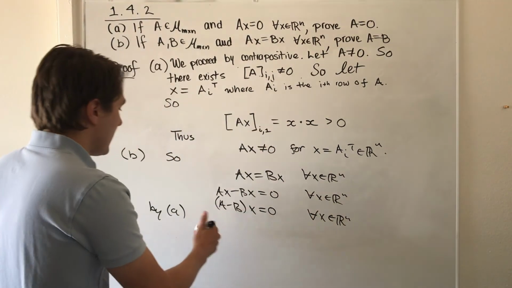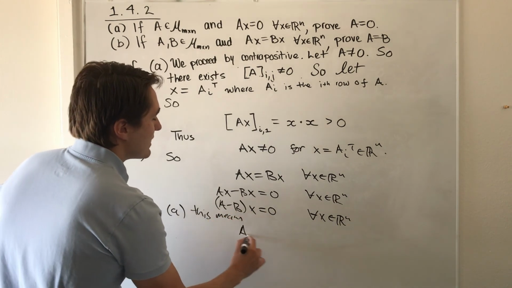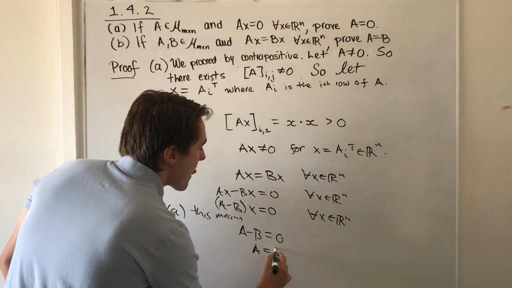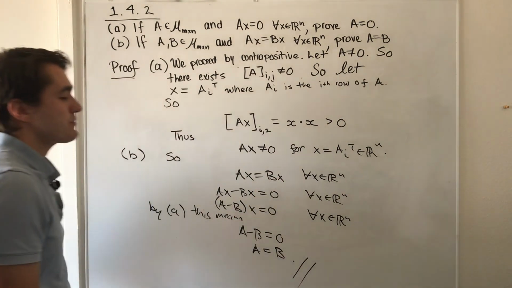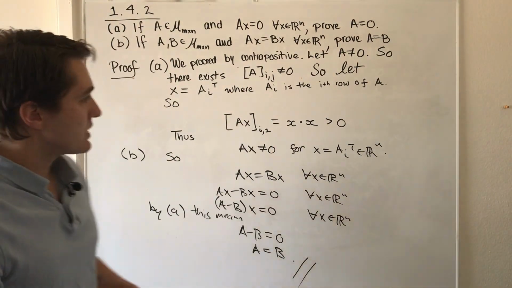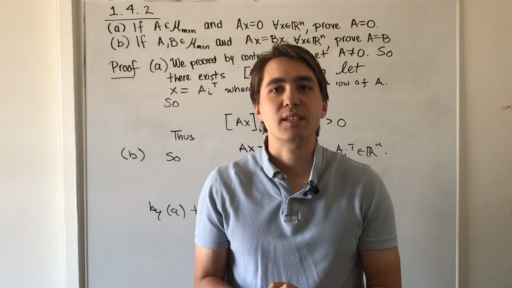Well, by part A, this means A minus B is equal to 0. Now add B, and A equals B. And the matrices were the same. All right, that's it. Hopefully that was helpful. And I'll see you guys in the next video.